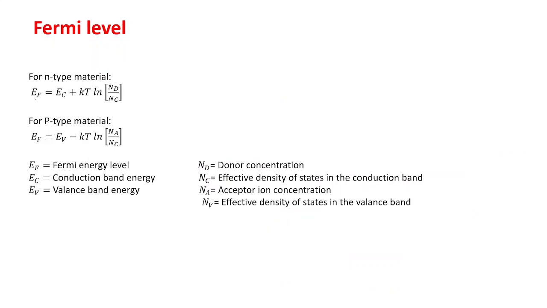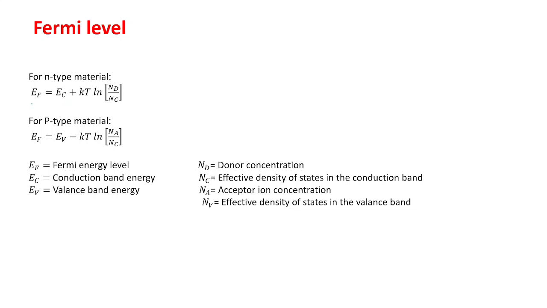The Fermi level is basically calculated based on the energy acquired within the material. If we are talking about the n-type material, we focus on the conduction band. If we are talking about the p-type material, then we focus on the valence band, because we look at where the electrons and where the holes are situated in a particular type of material.